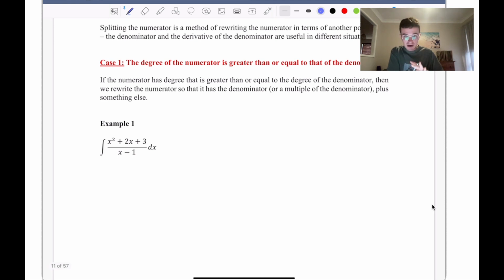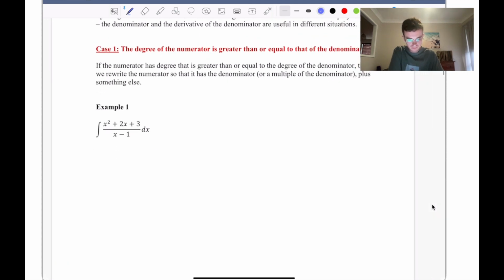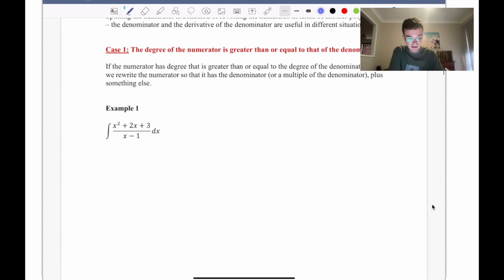Number one is by factorizing. Now notice in this one we can't factor. We could factorize to give x plus 2, x plus 3, or x minus 1. And actually no, we couldn't quite factorize the top. The discriminant of that is going to be less than 0, so we can't factorize this.